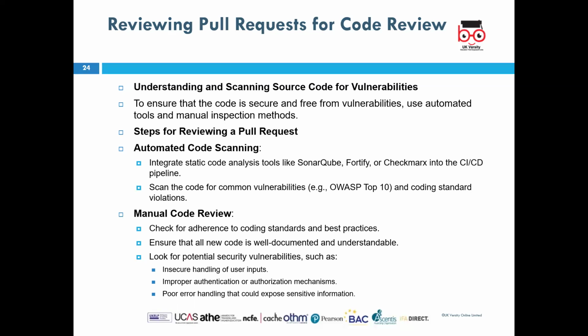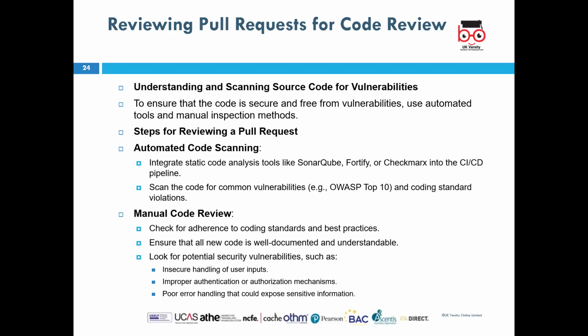With a manual code review, we're going to check for adherence to coding standards and best practices. We're going to ensure that all new code is well documented and understandable. And we're also going to look for potential security vulnerabilities.